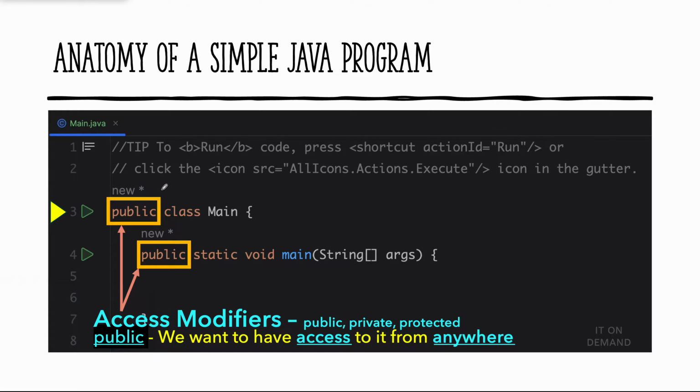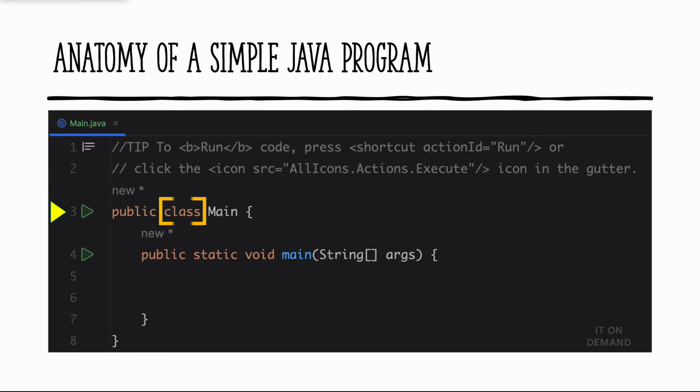In the case of line 3 here, that's saying that we want to access that class from anywhere. And in the case of line 4, we're saying we want to access that method from anywhere. And I know that class, method, what do they mean? Again, we'll see this. I haven't explained what access modifiers are.